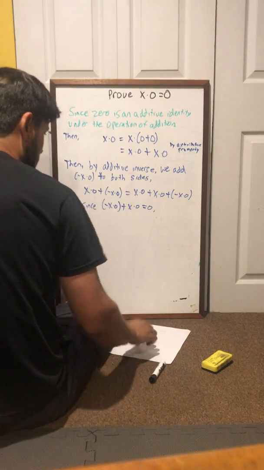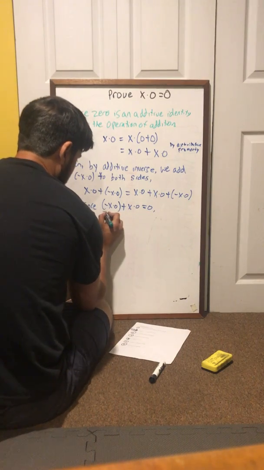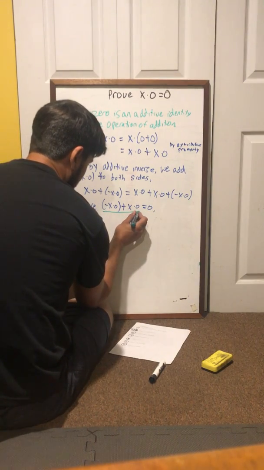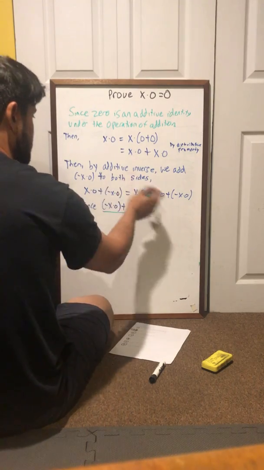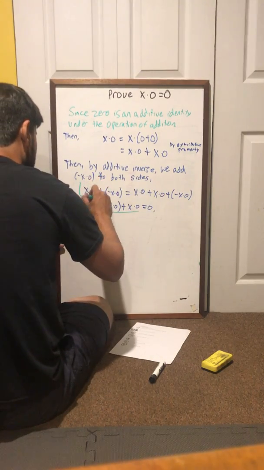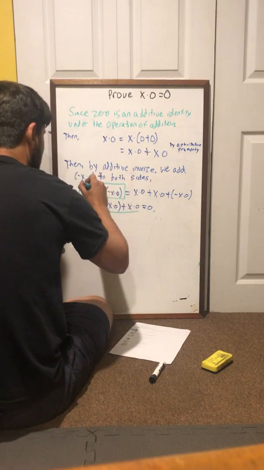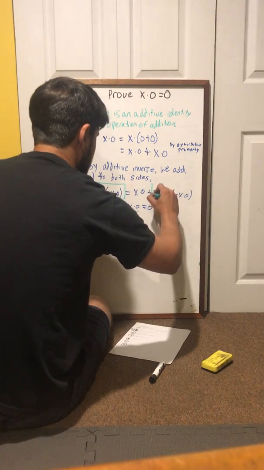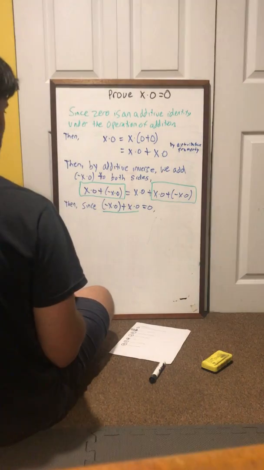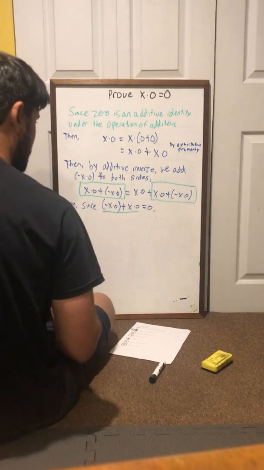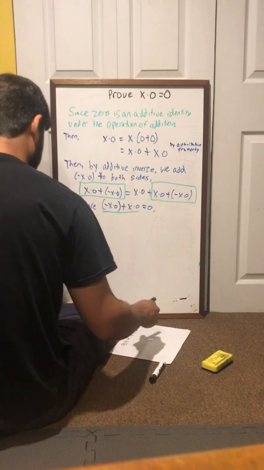So we're going to say, okay, negative x times 0 plus x times 0 equals 0, all right? And where is that in this above statement? It is right here, and also right here, okay? So we're just going to replace that with 0, okay?